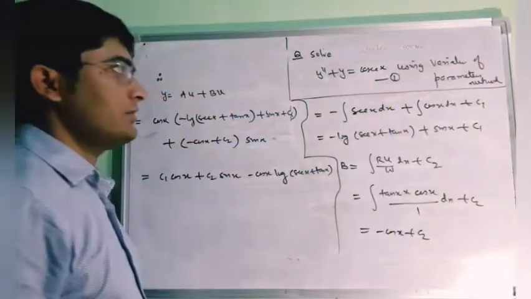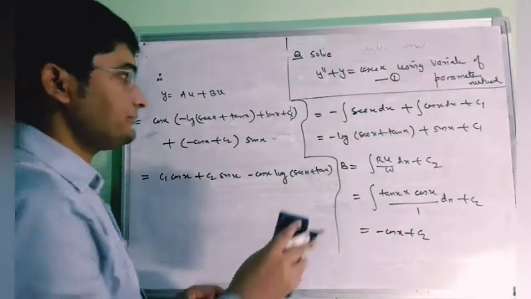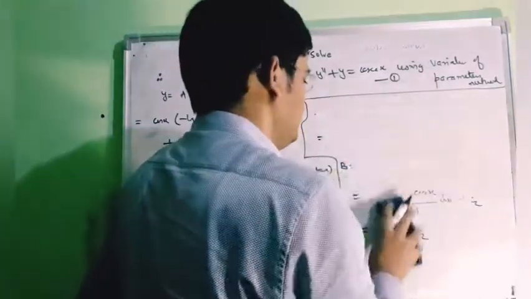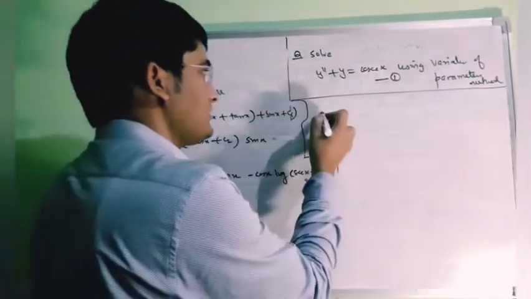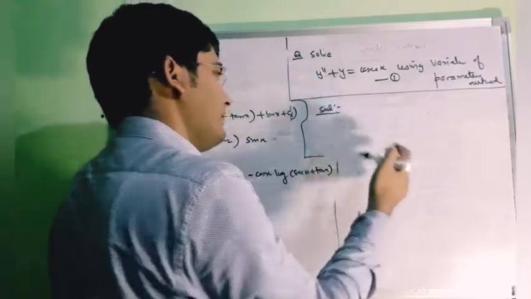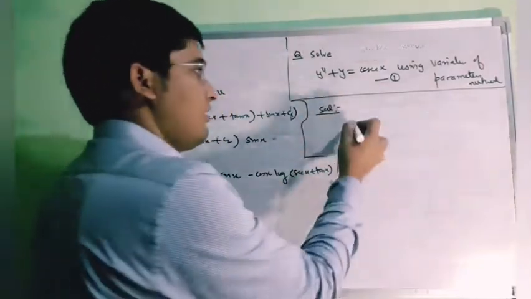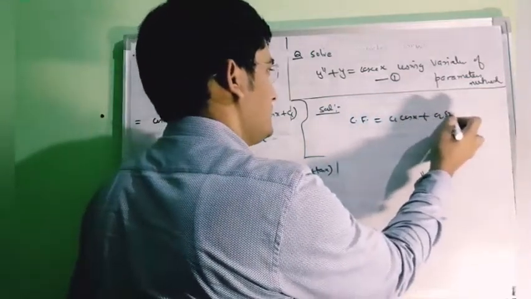this problem. That means when your right hand side is cosec x. So for this part, if your right hand side is cosec x, then again as in previous problem, our complementary function will be c1 cos x plus c2 sin x.